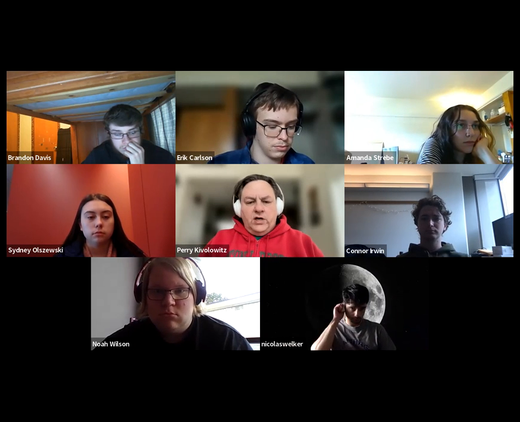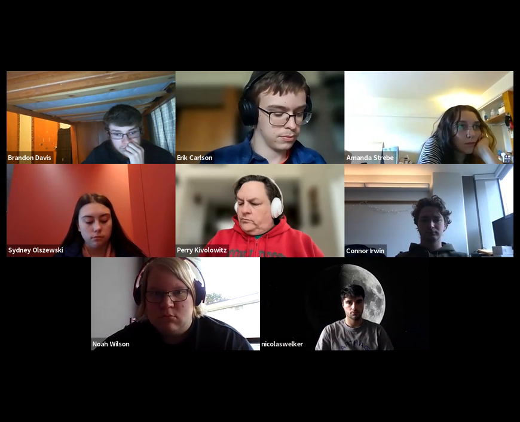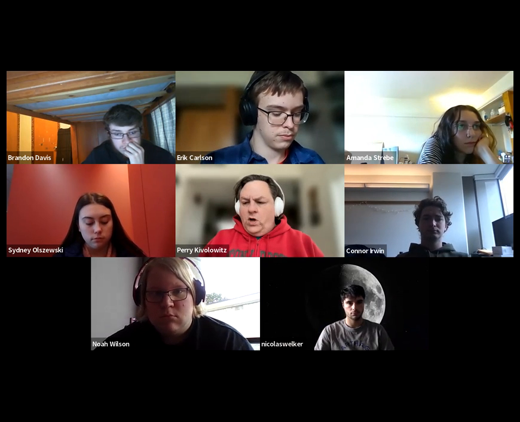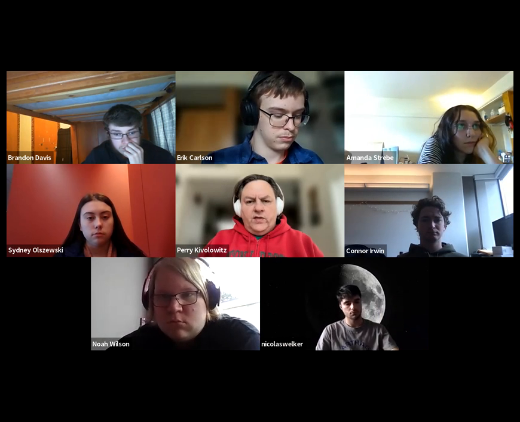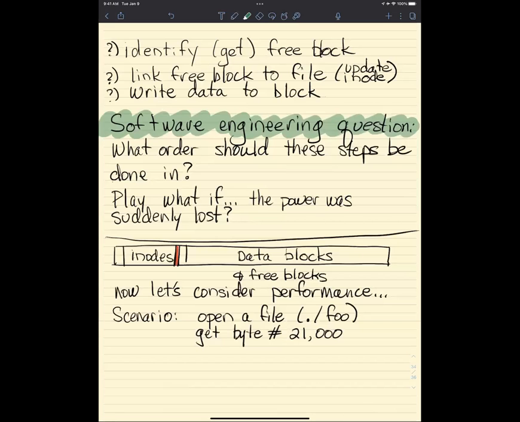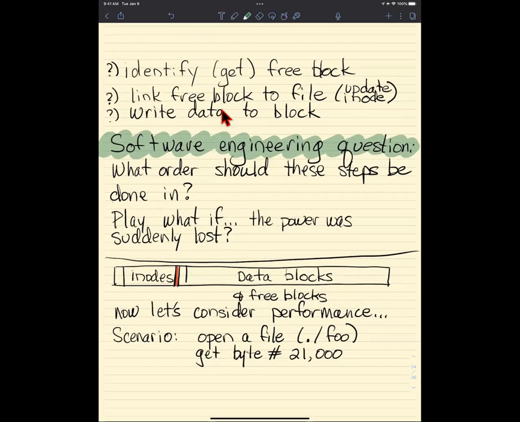So I'm going to start sharing my iPad, and I've come up with two things to do today. One is a software engineering question, and let me show you that. Okay, look at the top here. I've identified 3 steps to adding a block to a file.